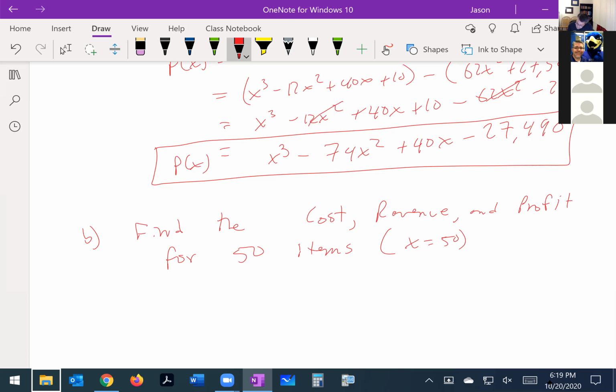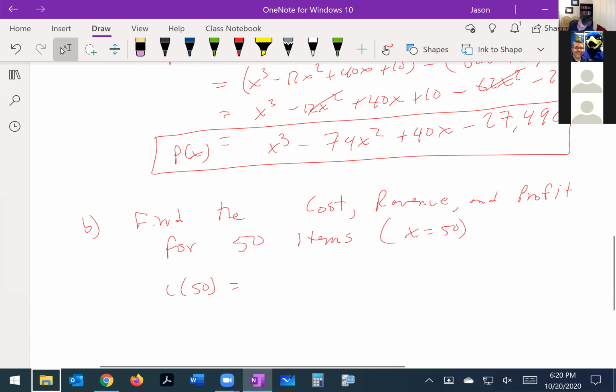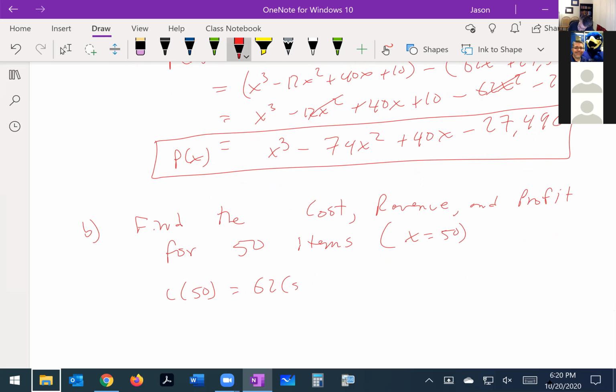So what's the cost? The cost of 50 is going to be 62 times 50 squared plus 27,500. If I plug that into a calculator, I will get $182,500. That's the cost.